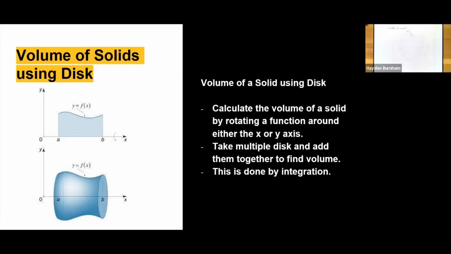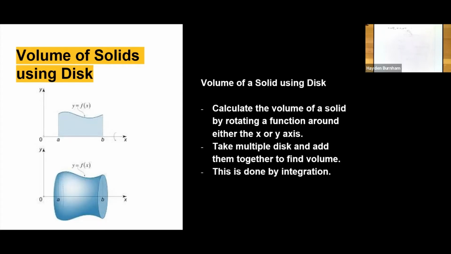You can either do something called disk, where you break it up into a whole bunch of disk. Basically, you're taking this third dimensional shape and you're slicing it up into a whole bunch of circular disk, right? And when you do an integral, you're actually doing a sum of all of these disks together.